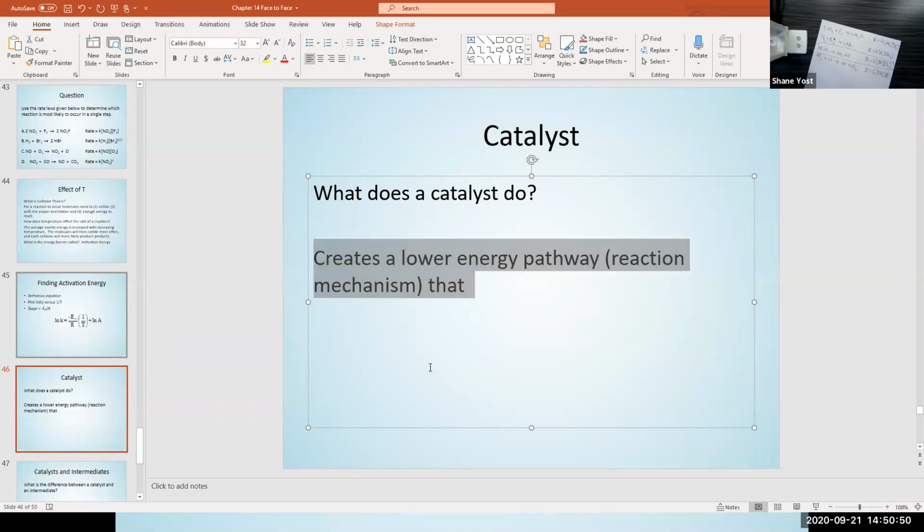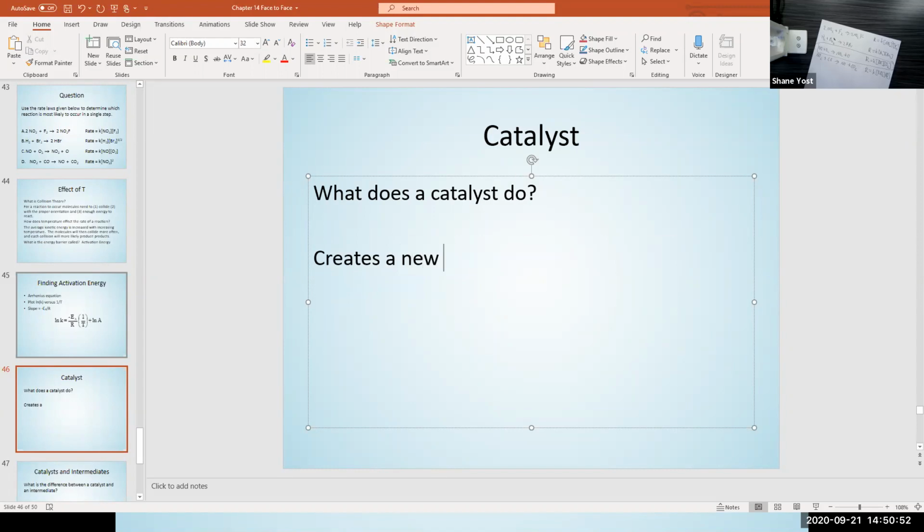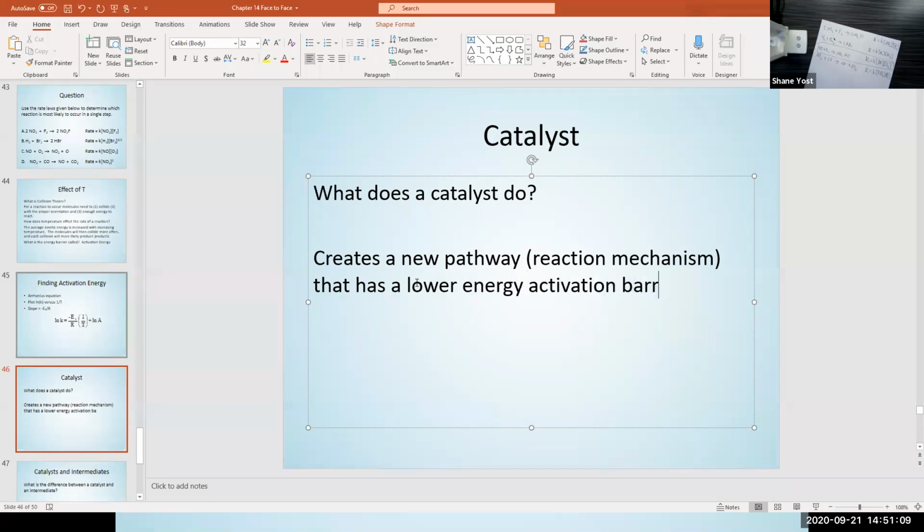A new pathway reaction mechanism, a lower energy activation barrier, in turn speeds up the reaction.